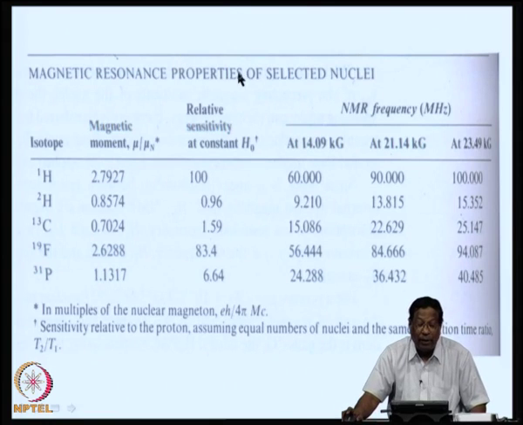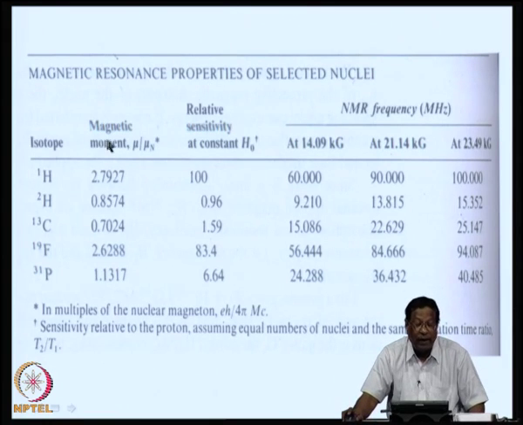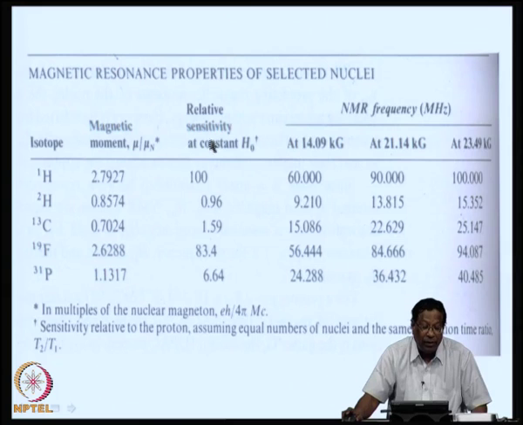So, the magnetic resonance properties of selected nuclei I have put them here. This is 1H, 2H, 13C, 19F etcetera. Their magnetic moments are here and relative sensitivity at constant H0 is there. These are all in multiples of the nuclear magneton, that is eh by 4 pi mc, and the NMR frequency corresponding to that is 60 megahertz.